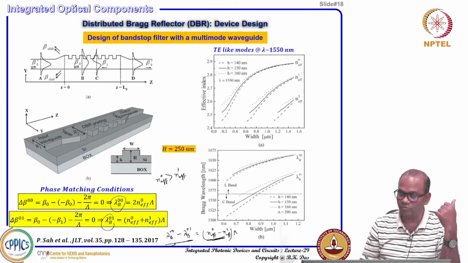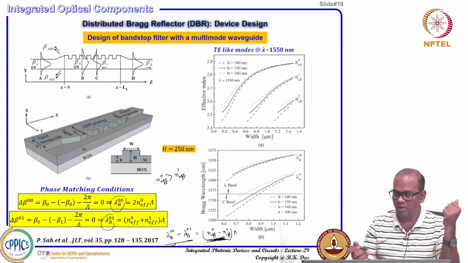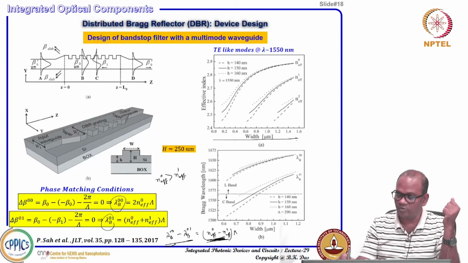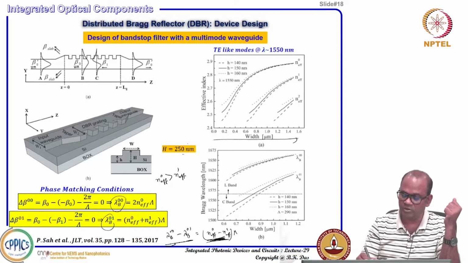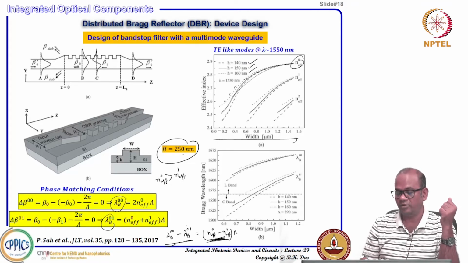So we need to calculate; this difference can be controlled by controlling the design parameters of the waveguide structure. We have calculated as a function of waveguide width for a given h equal to 250 nanometer device layer, and here we have calculated the effective index for 3 slab heights. This is for the fundamental mode as a function of width, showing how the effective index increases for h equal to 150 nanometer, and 10 nanometer below and 10 nanometer above, 3 different designs of the slab height.